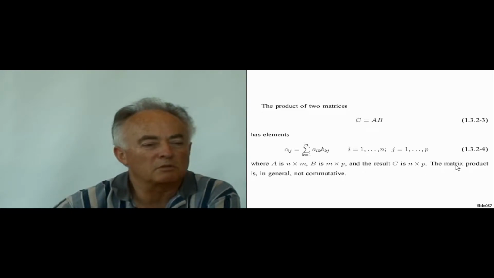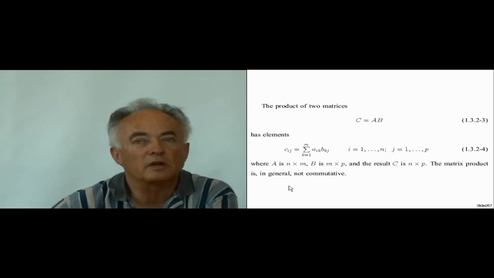Important to remember that the matrix product is in general not commutative, which means BA might not be defined, or even if it is defined, BA is not going to give the same result as AB.